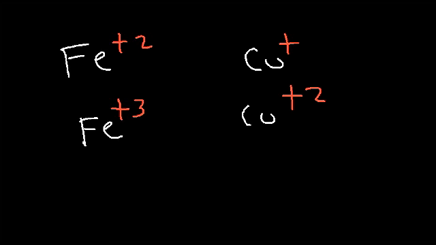So when you're given the name of an ionic compound that contains a transition metal, you're going to see a Roman numeral. For example, let's say we want to write the formula for iron(II) sulfide.